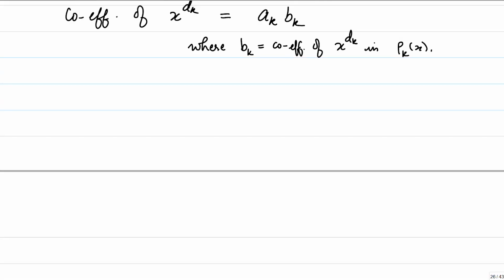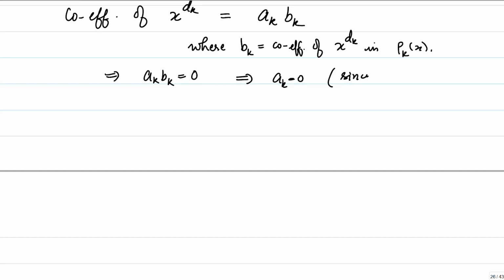Hence, equating the coefficients, this implies that ak bk is equal to 0. But we know that bk is not equal to 0. Why? Because pk has degree dk, and therefore if its coefficient is 0, then we cannot have its degree equal to dk, right? This implies ak is equal to 0.